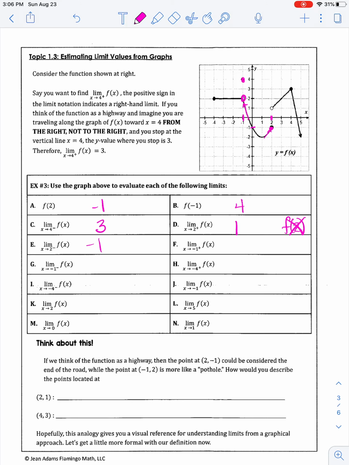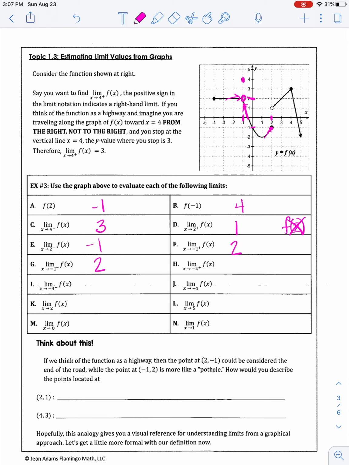I want to know if I'm headed towards -1, what is the graph approaching? It's approaching a value of 2. -1 from the left. Okay, here's -1 from the left, and he is also approaching that 2.